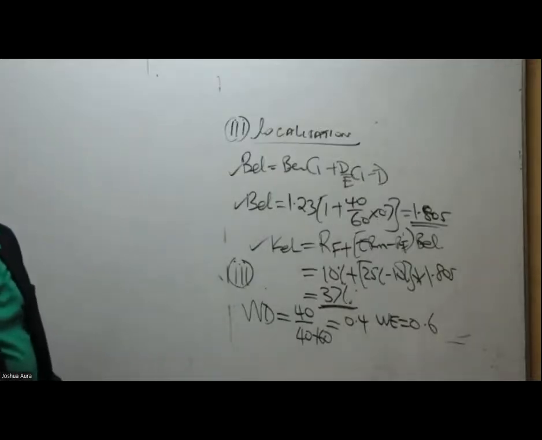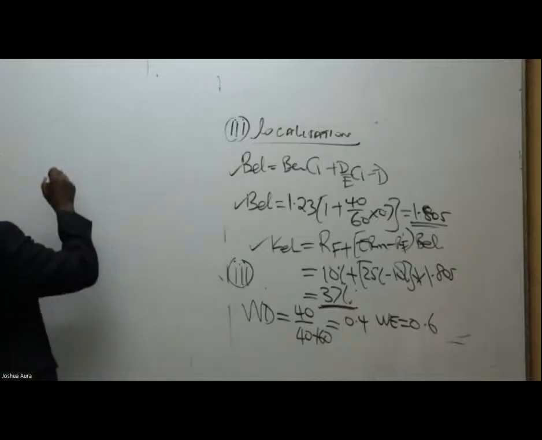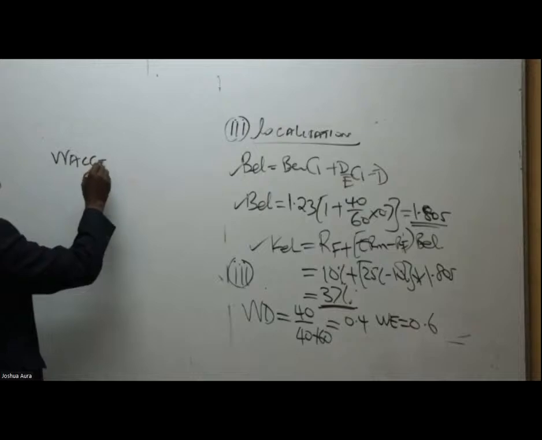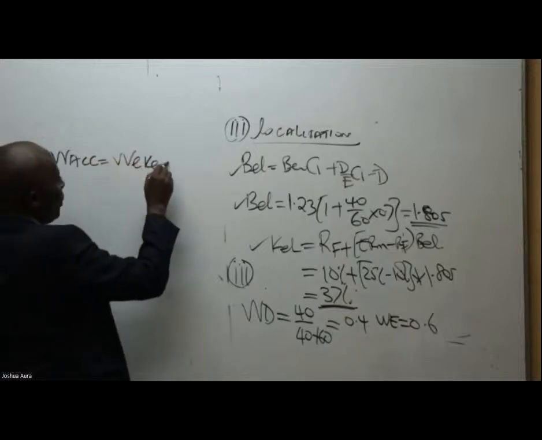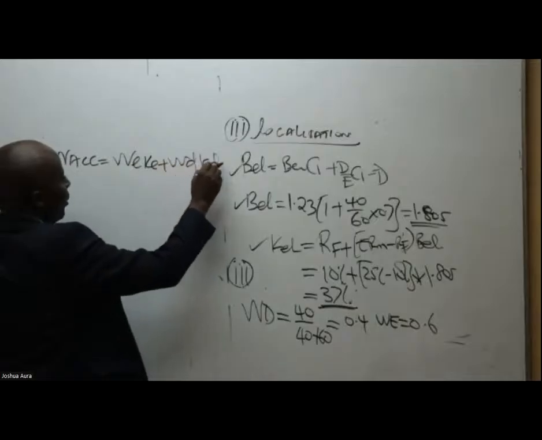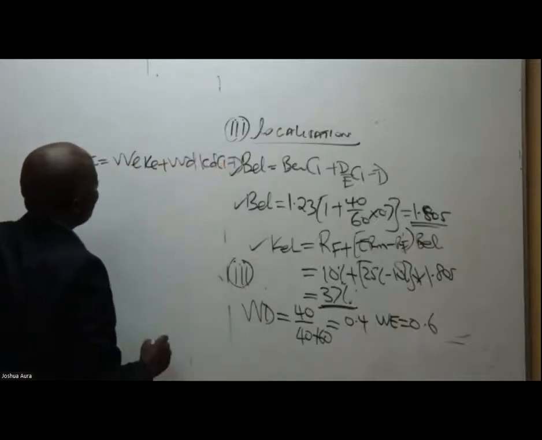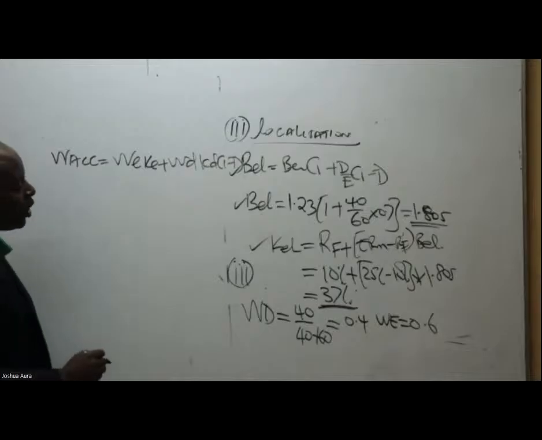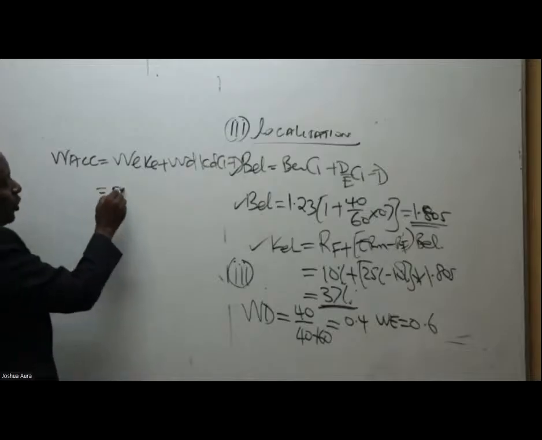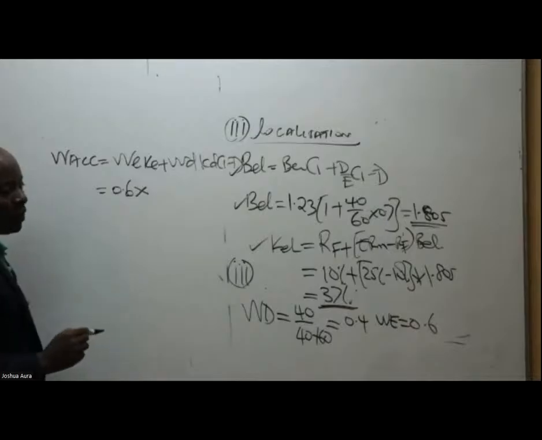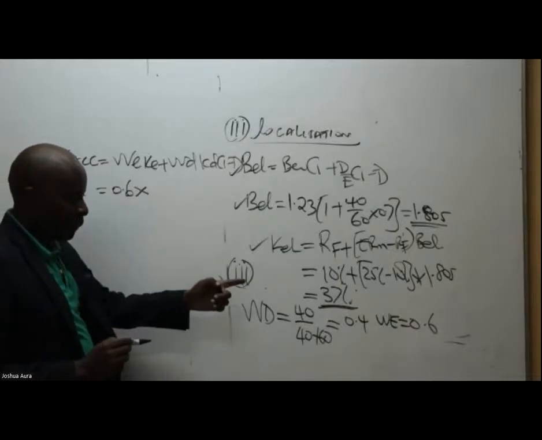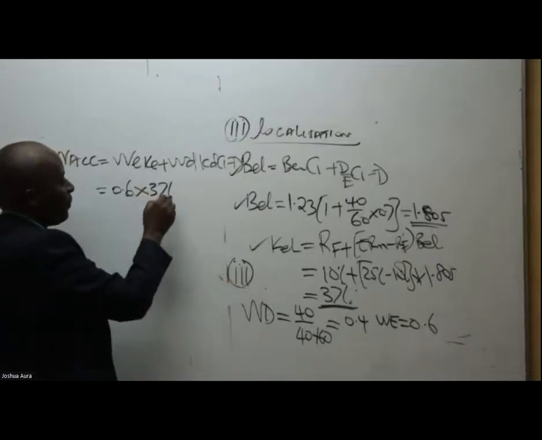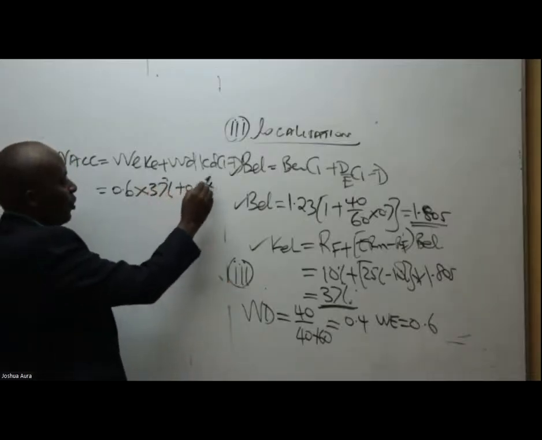All right. So after that, ladies and gentlemen, please go ahead and give us WACC. WACC will be weight of equity times cost of equity plus weight of debt times cost of debt into 1 minus taxation. So now we have everything. Weight of equity is 0.6 times cost of equity. What is the cost of equity? 37%. Plus weight of debt 0.4 times cost of debt.